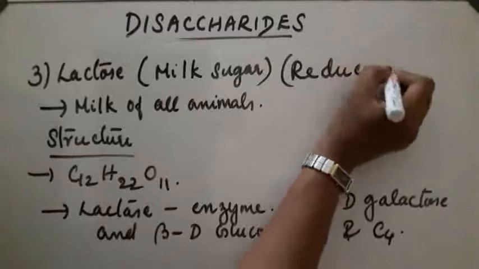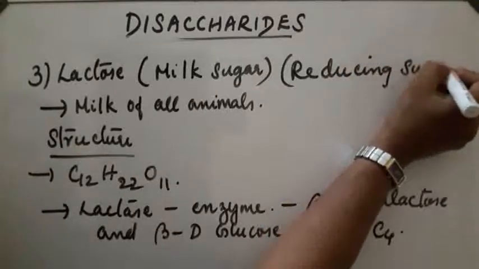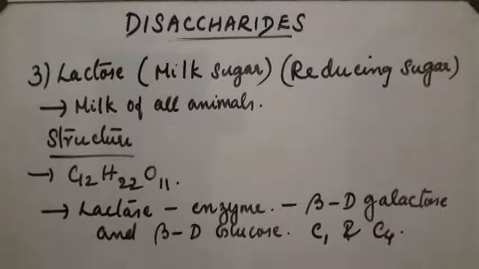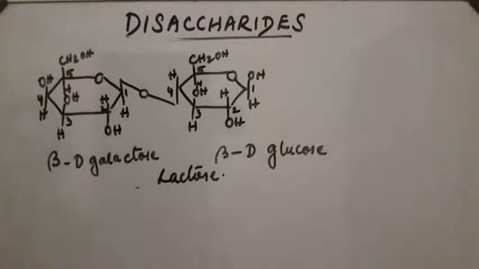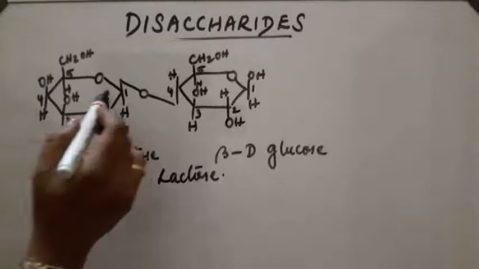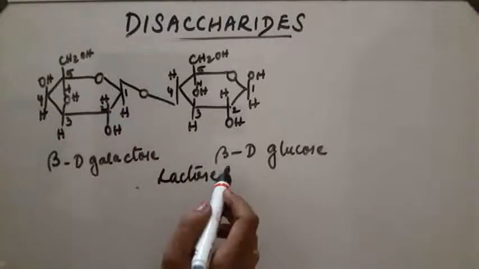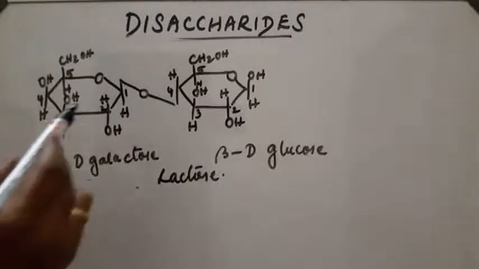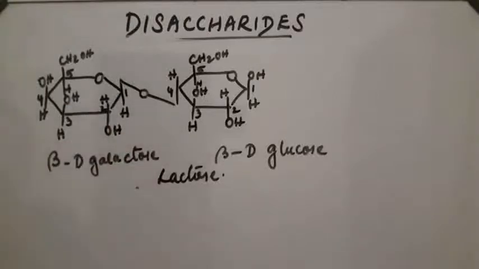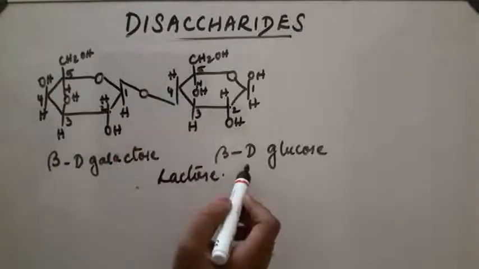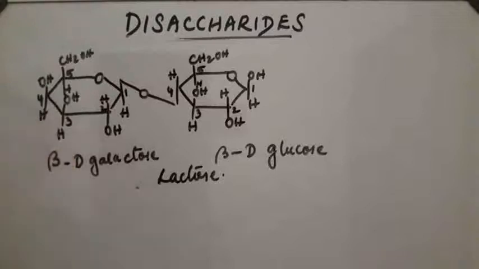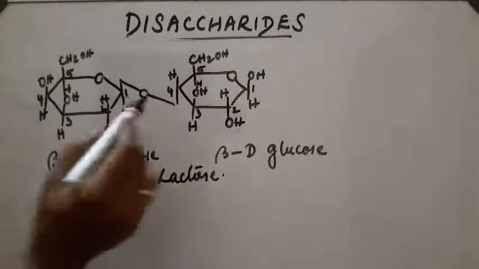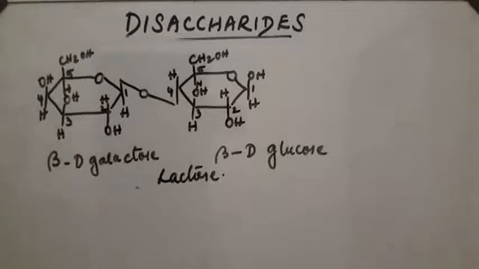This is the structure of lactose. The difference between beta D galactose and beta D glucose is at the fourth carbon, where the hydrogen and OH groups are different.